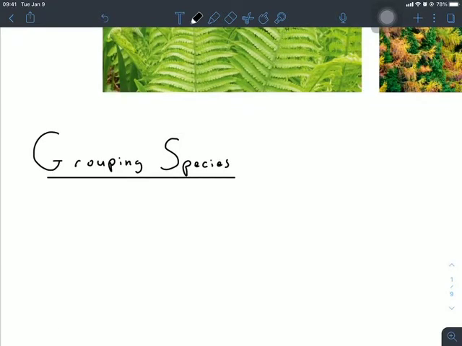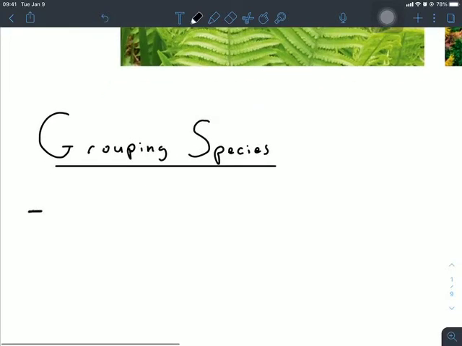In our effort to do so, we're going to first go over some vocabulary terms. The first is parsimony. And we will be using parsimony as our guiding principle in building our tree of life. Parsimony is the idea that you want to build the tree of life that requires the simplest explanation.